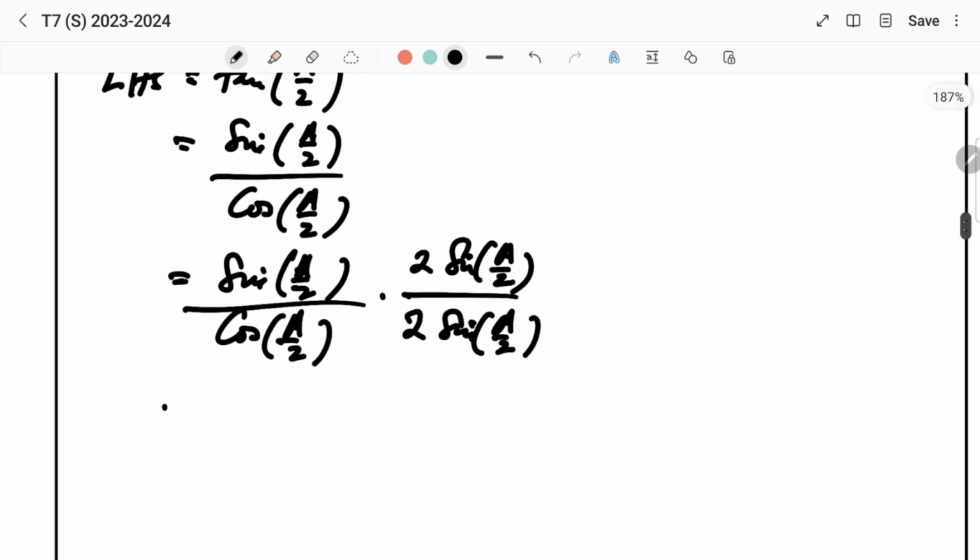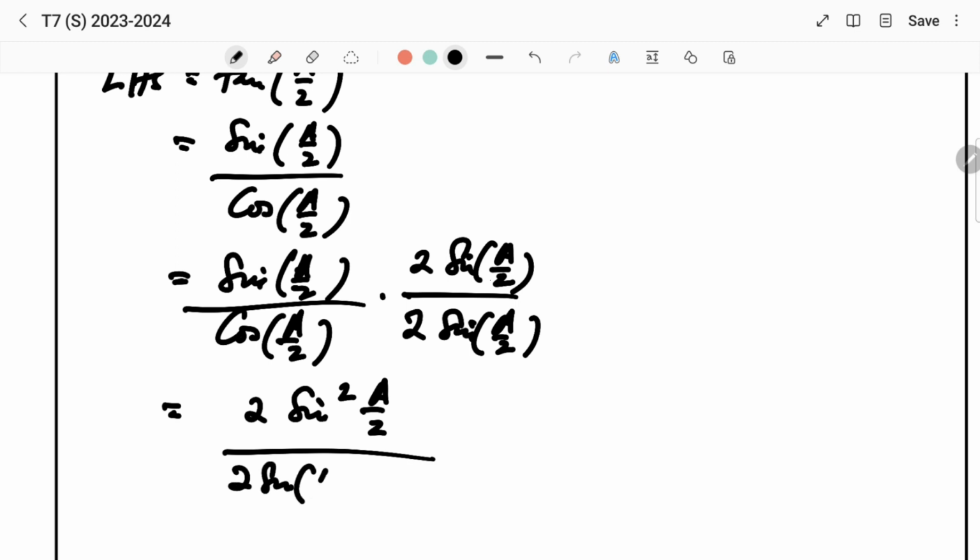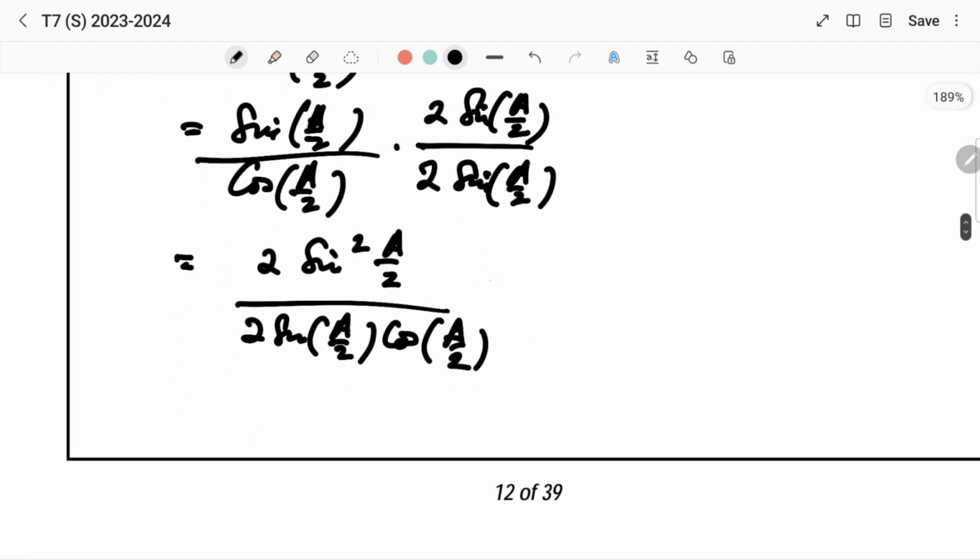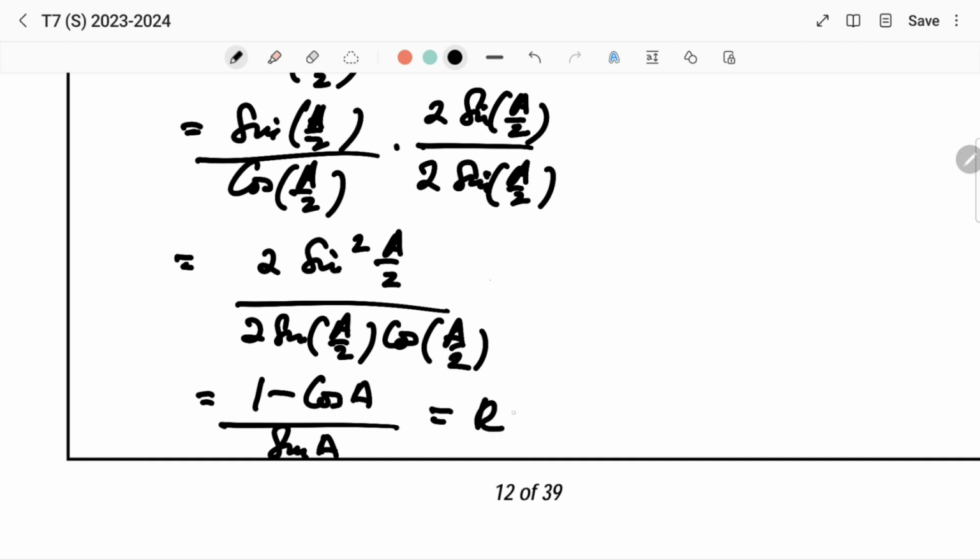So we end up with 2 sine squared A over 2 over 2 sine A over 2 cos A over 2. The 2 sine squared A over 2 is actually 1 minus cos A, and the denominator is sine A. So that is the right hand side, hence verified.